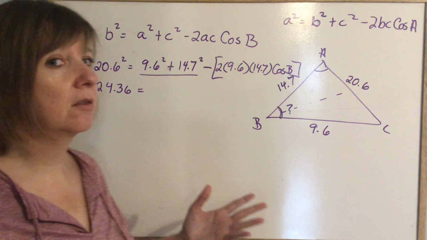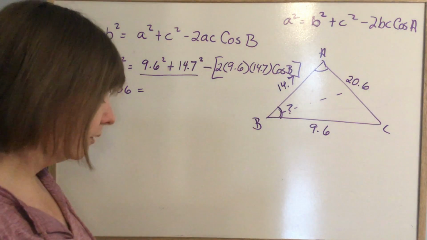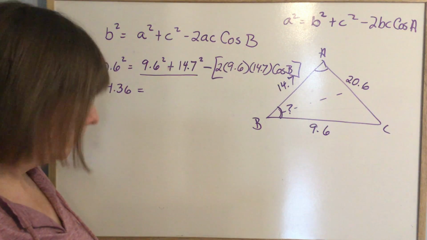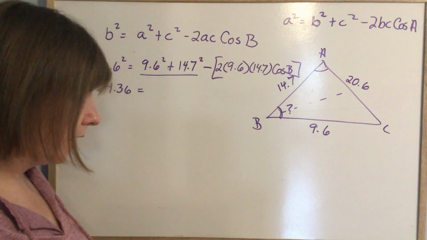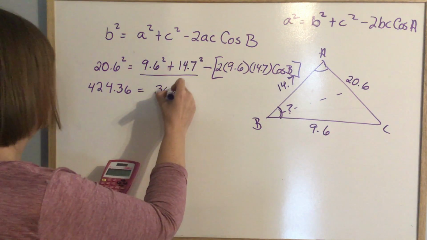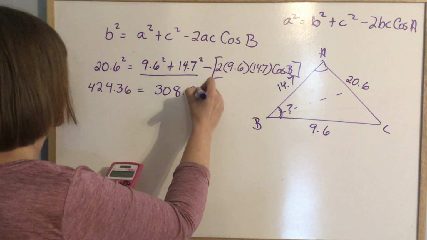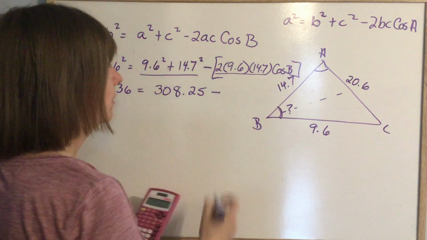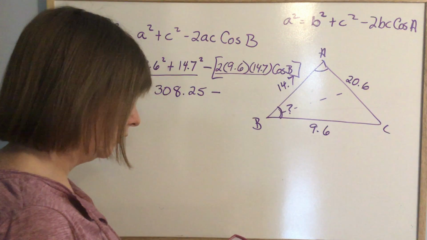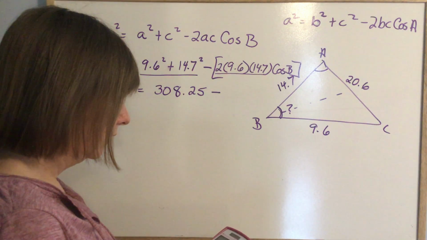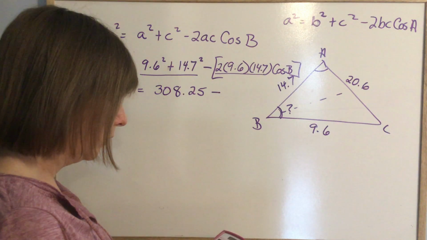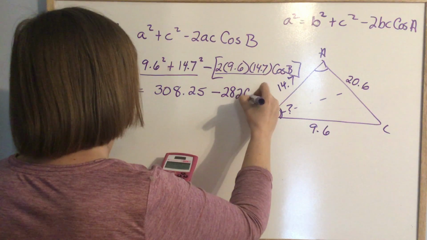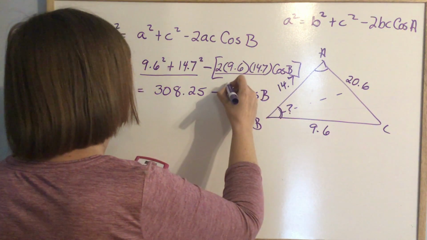I just put 9.6 squared plus 14.7 squared in my calculator. 9.6 squared plus 14.7 squared, and I hit equals, and it tells me 308.25 minus, and then I actually multiply these three things together. So I would do 2 times 9.6 times 14.7, and that gives me 282 cos of B.